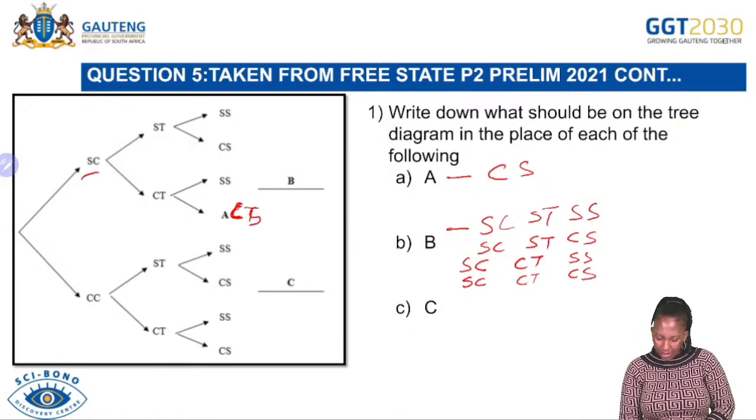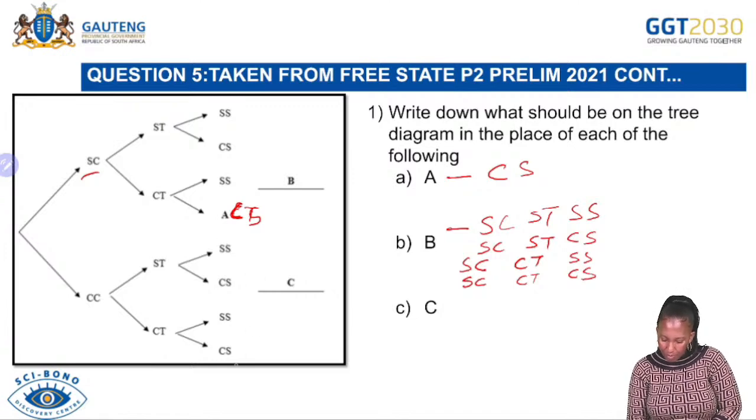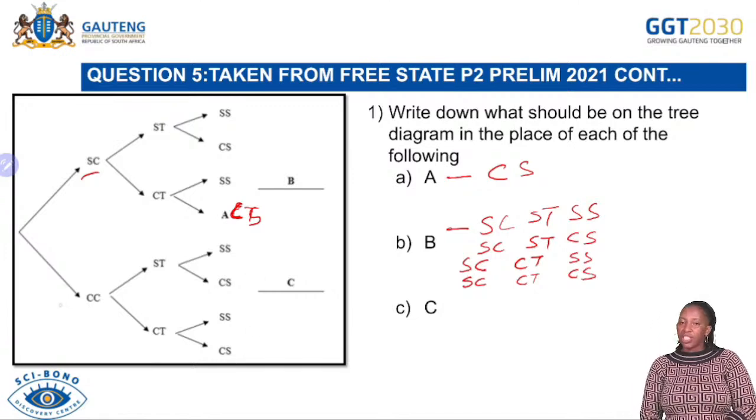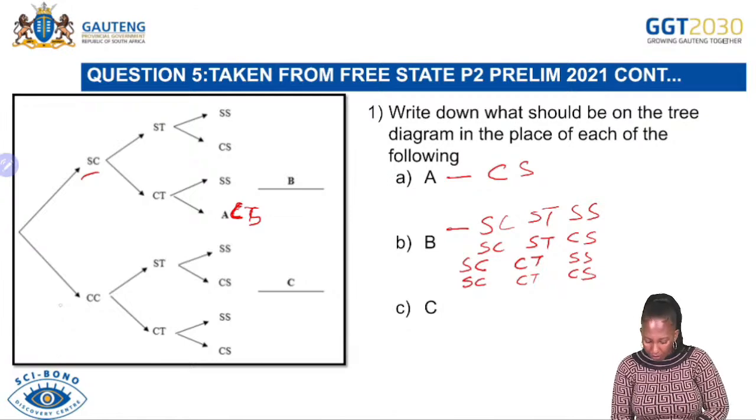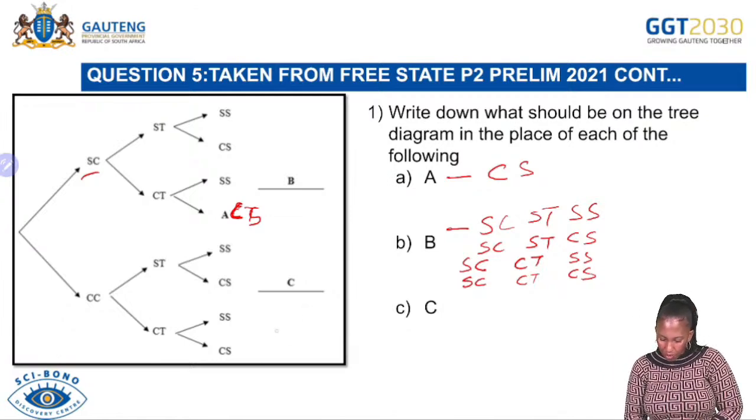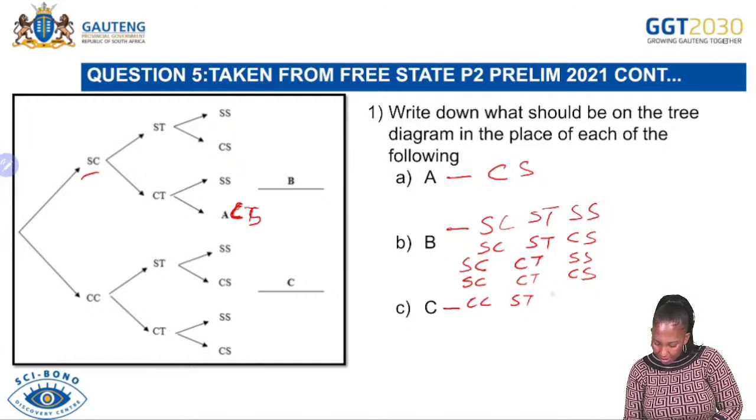And then for number C, boys and girls, it will be the outcomes for the cheetah cap. So for the cheetah cap here, we'll mention the same outcomes: CC, ST, and SS, and so on. So you just mention all the outcomes there.